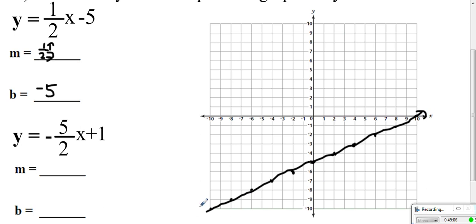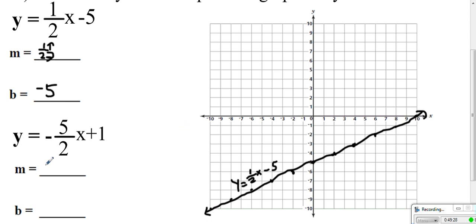And then definitely put arrows on the line. Do not forget to label the line. Y equals half x minus 5. Do that right after you graph the line, and then you'll be fine.